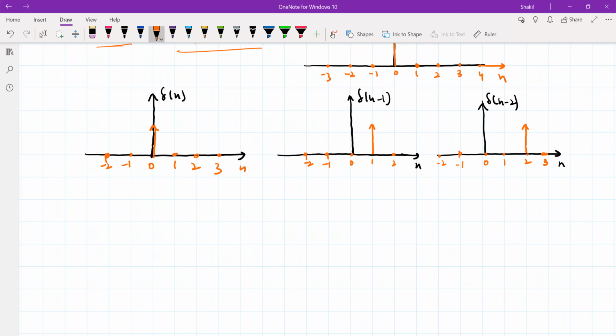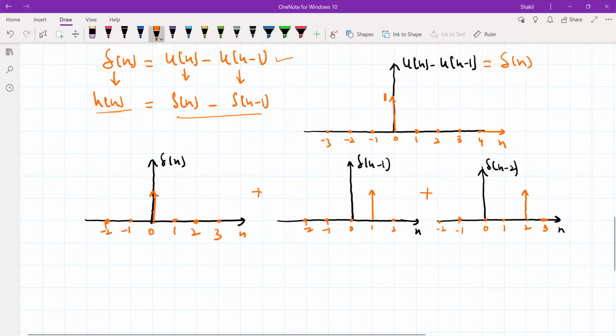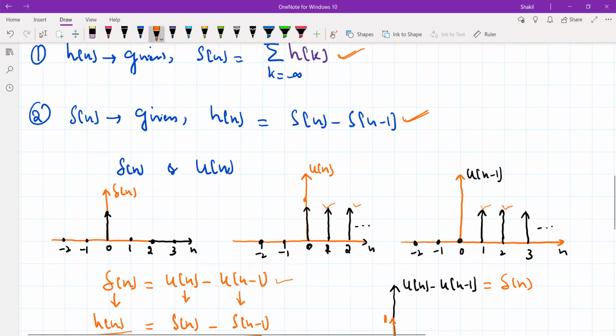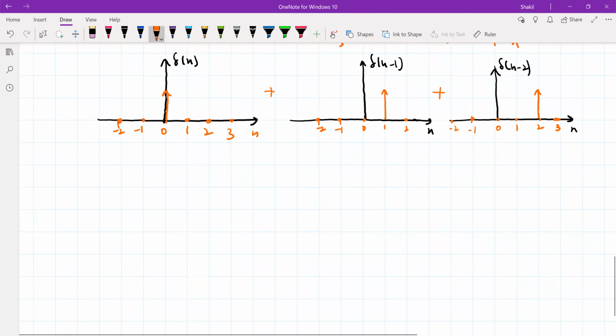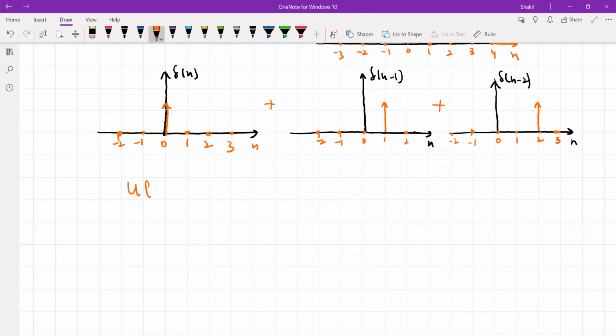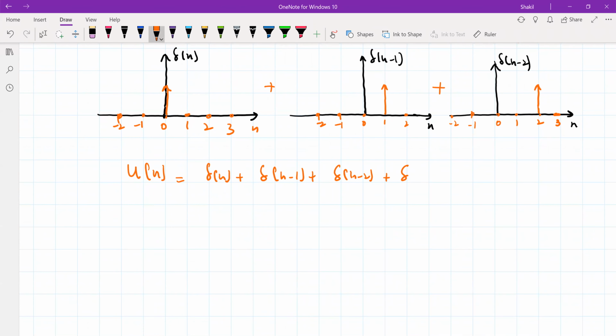Now so on. If you continue this, delta n minus 3, delta n minus 4, delta n minus 5, and if you add these sequences, what will you get? You will get the step sequence. You will get this u of n. So u of n is simply equal to delta n plus delta n minus 1 plus delta n minus 2 plus delta n minus 3 plus so on, and this will continue up to infinity.